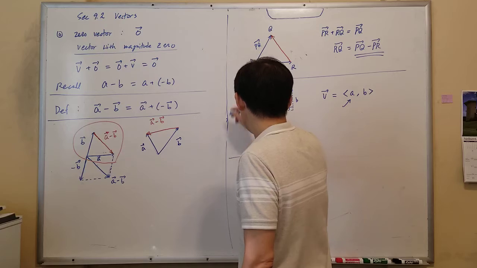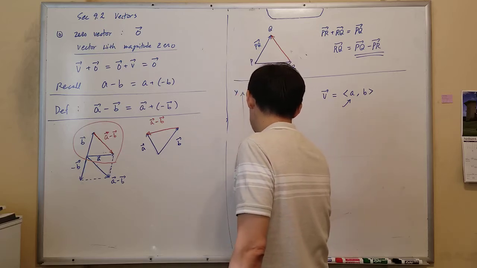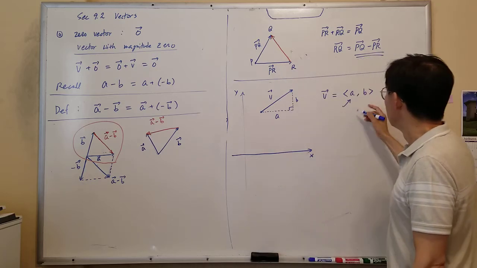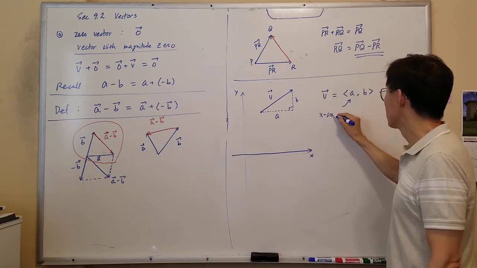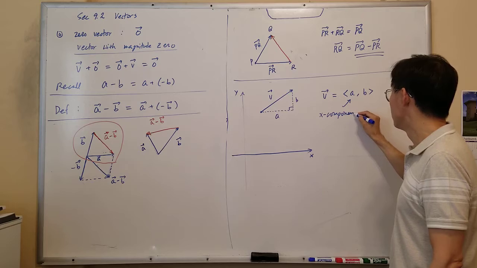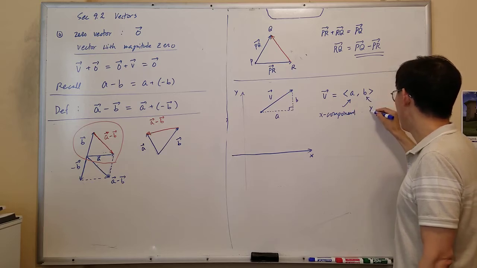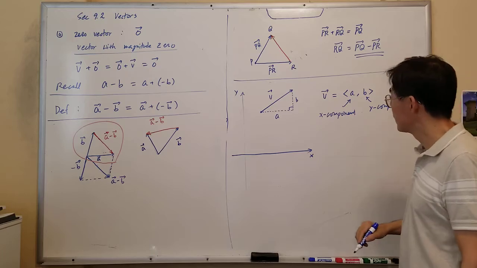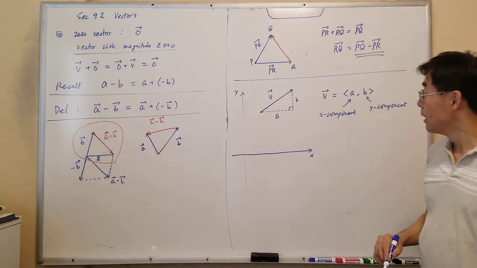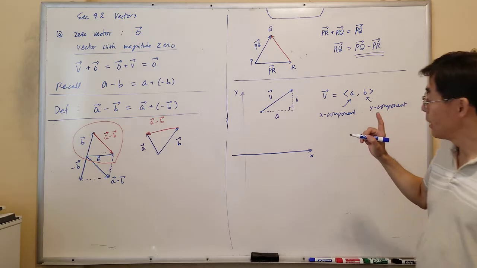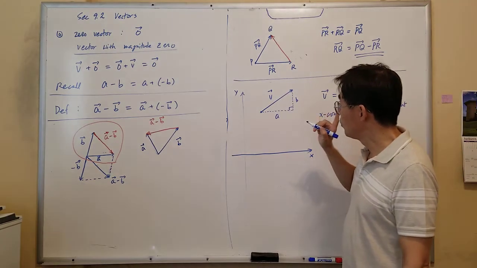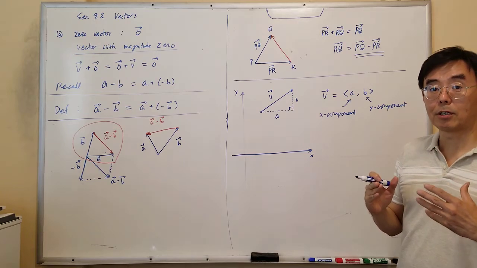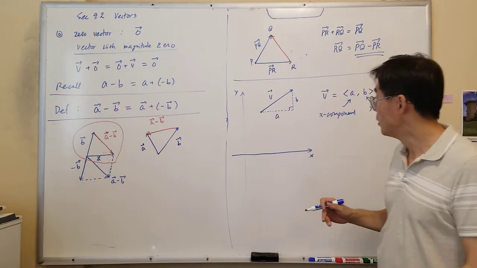Obviously, when you have this, this is the x component of vector v. This is the y component of vector v. Now, we learned that if two vectors have the same direction and same magnitude, those two vectors are considered equal.